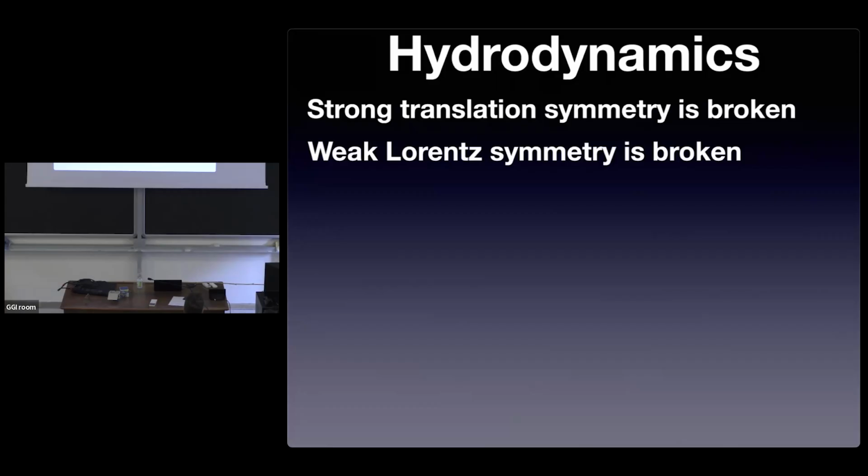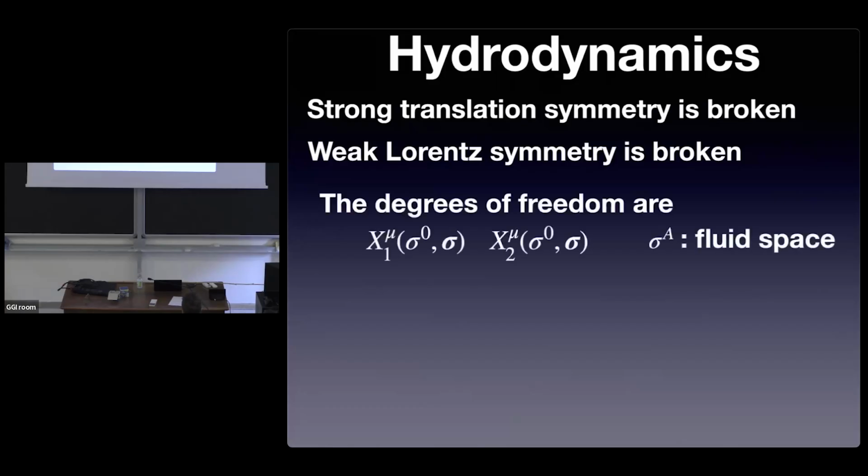So this is a constraint. Since the translational symmetry is broken, the degree of freedom is that variable, which is nothing but a kind of coordinate. Since we have the forward and backward path, we have two types of degrees of freedom. And sigma is an emergent coordinate. Sometimes this coordinate is called the fluid coordinate or the material coordinate.